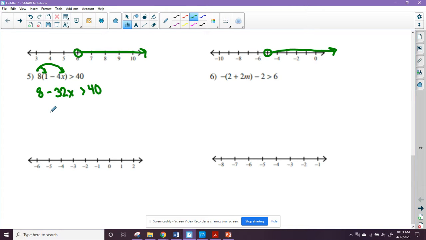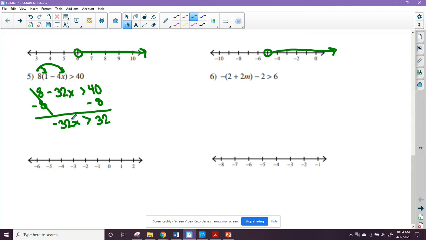Now, we need to combine like terms. Do we have any like terms over here that we can combine? We do not. So then we need to get rid of our loose number here. This 8 here is positive, so we have to do the opposite and subtract. So we get -32x is greater than 40 minus 8 gives us 32.